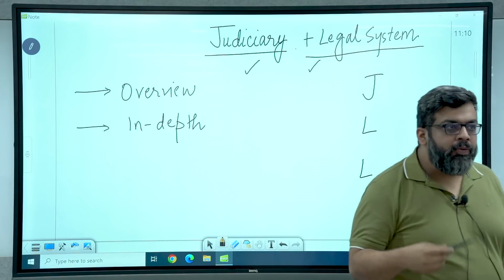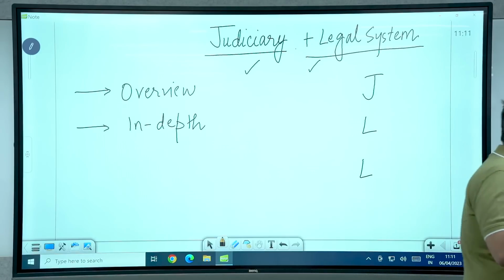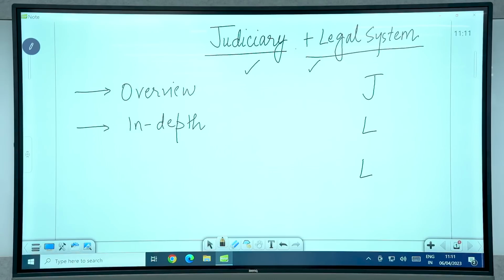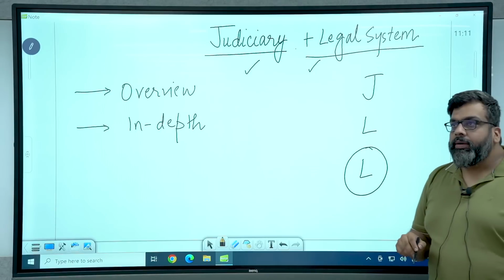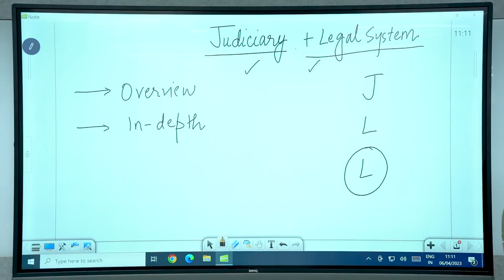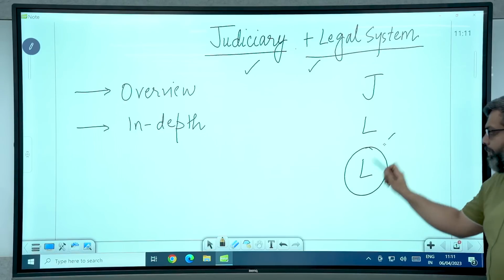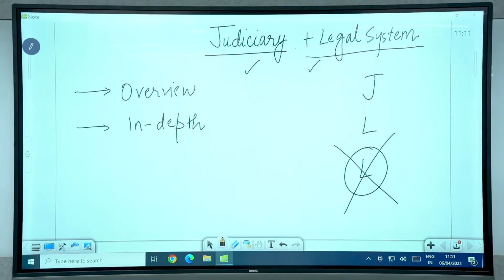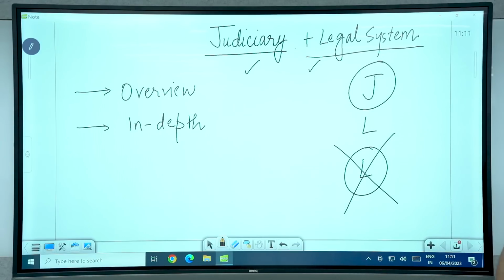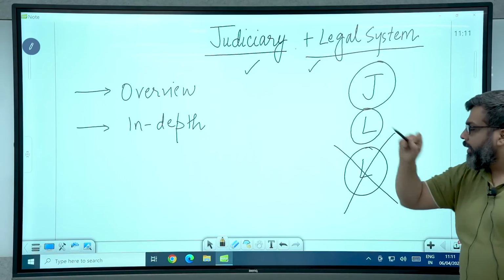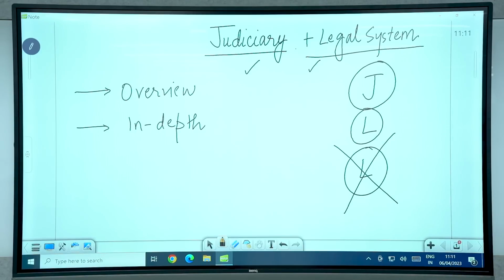Litigants are the people who come to court to seek redressal from the court. Issues that litigants face, or what are the compositions of litigants, is not particularly relevant for the prelims exam. 70% of our focus has to be on the judicial system, and about 30% has to be on our lawyers. Who are they?